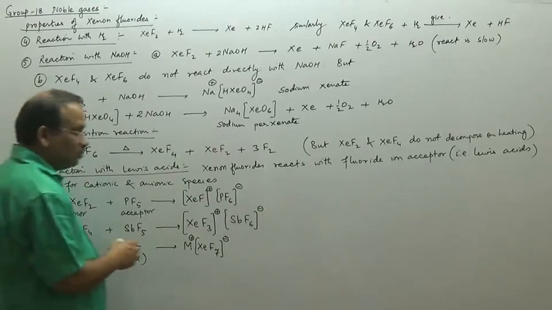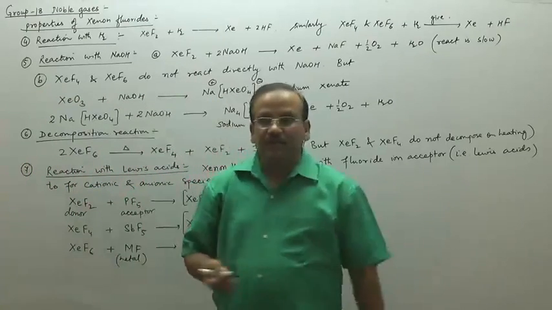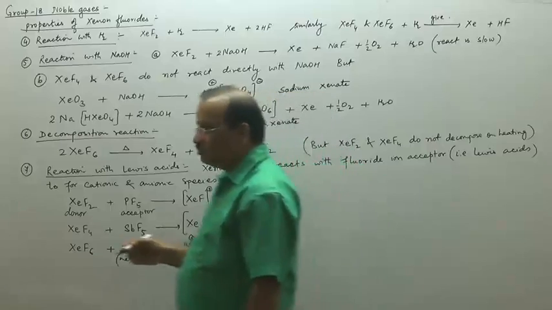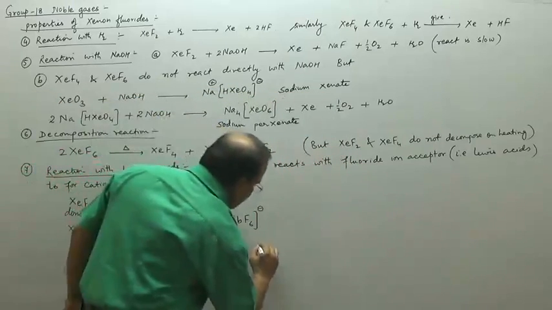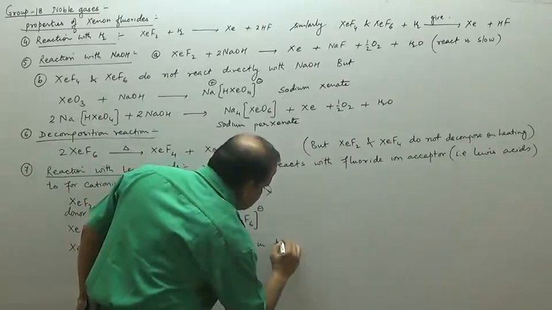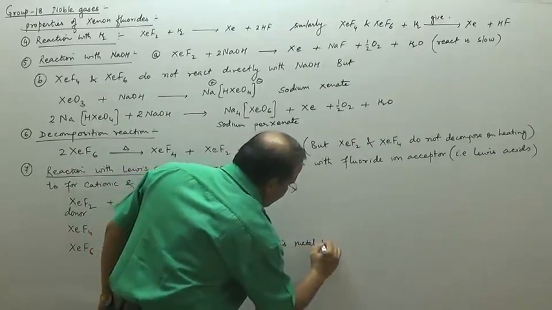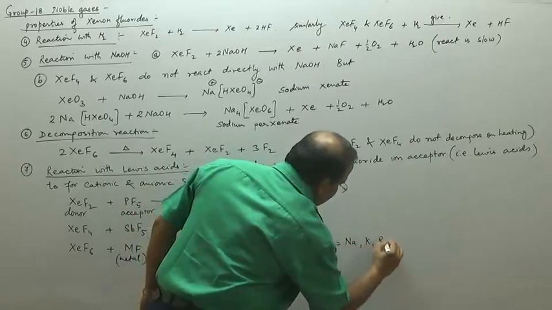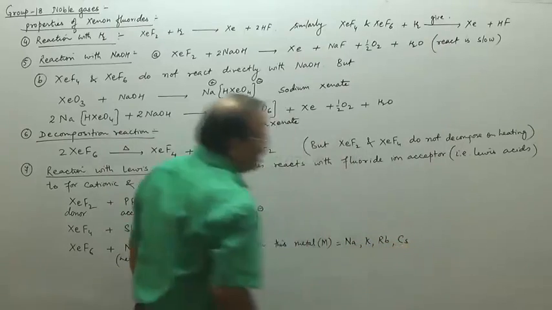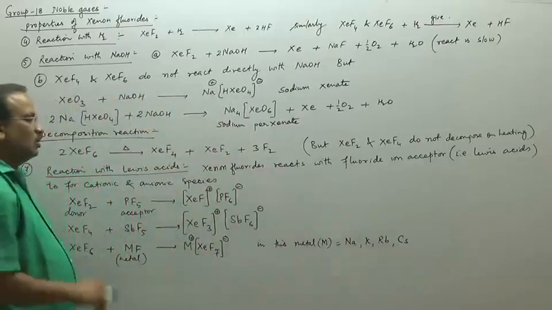In this case, the metal should be monovalent, that is sodium, potassium, rubidium or cesium. These are the metals which will be present in this case.